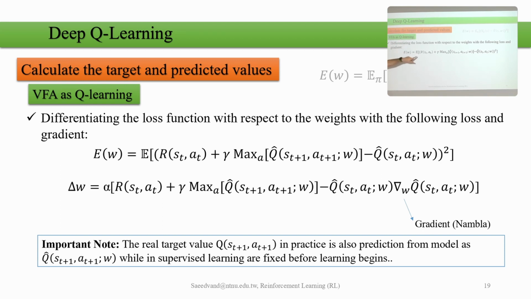I just put it instead of y, the same equation that we've seen in the previous chapter. Expected reward added by the discounted maximum of the next action, subtracted by what? The current state action. This comes from the network one time, and this one again comes from the network one time, getting the max and calculating. Then we have E of W.